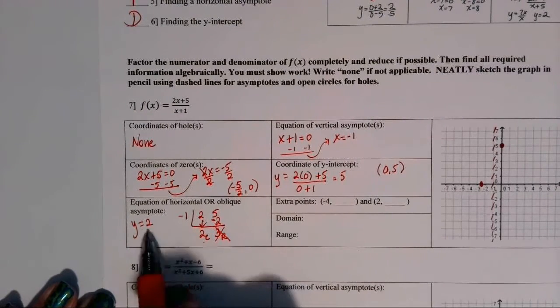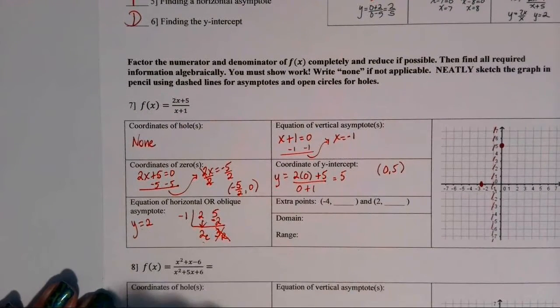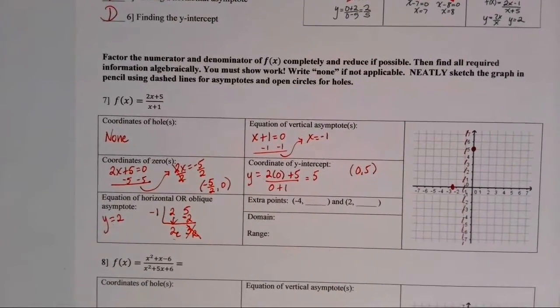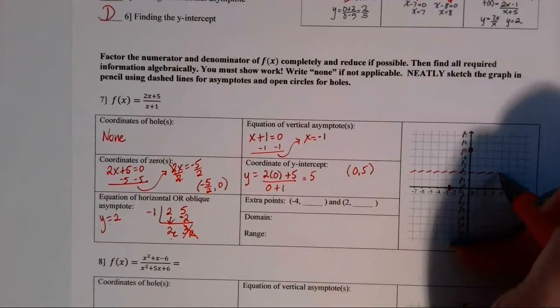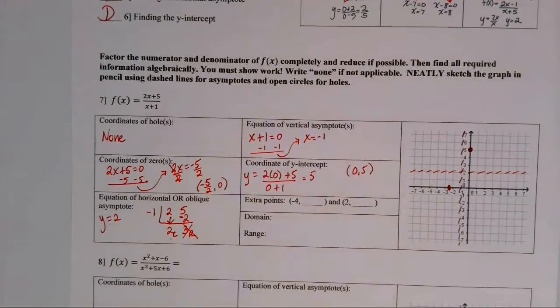And so that's another way you could get your y equals 2 as your horizontal asymptote. So we'll go ahead on the graph and put that dashed line through y equals 2.